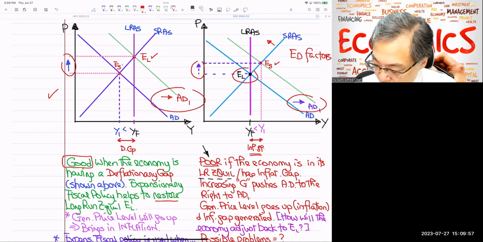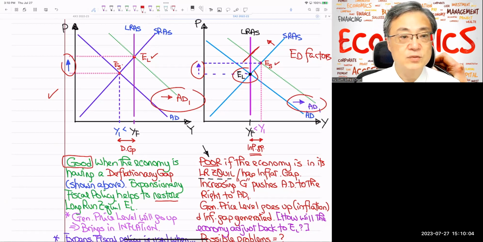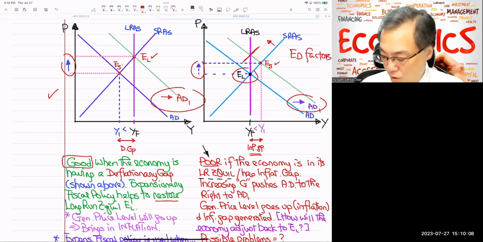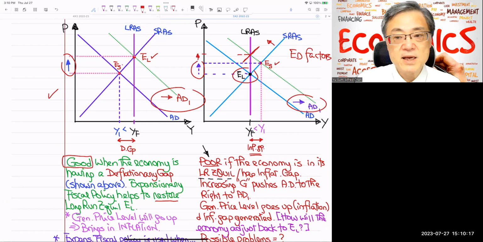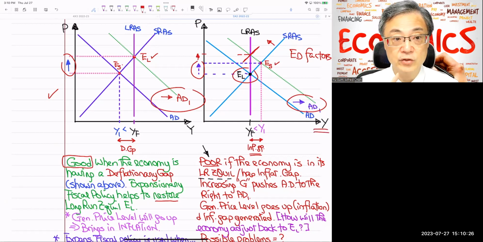It will definitely eventually end up here, going back to the full employment output level, but unfortunately your price level will be further pushed up. That means you end up with no increase in real output. Now remember, the Y here is real output. It's not nominal output, it's real output.